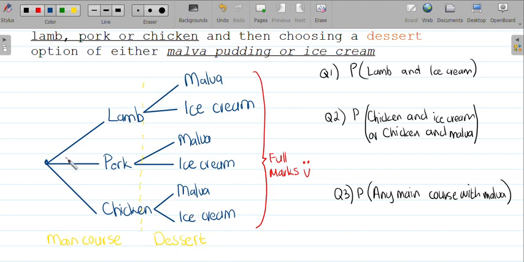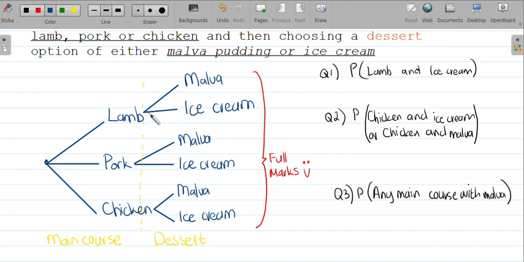For the first event there are three possibilities, so we draw three: a lamb, pork, or chicken main course.